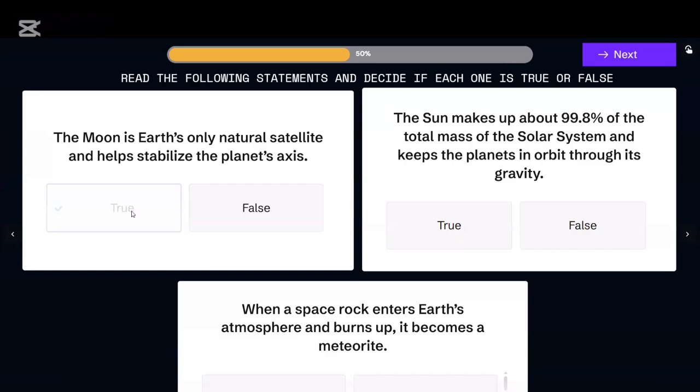Why do you think it's true? Because we only have one moon. That is what we see every night. That's right. Then Lorena, the sun makes up about 99.8% of the total mass of the solar system and keeps the planets in orbit through its gravity. Is that true or false? True. Because the sun is very big, and you described that in the topic.